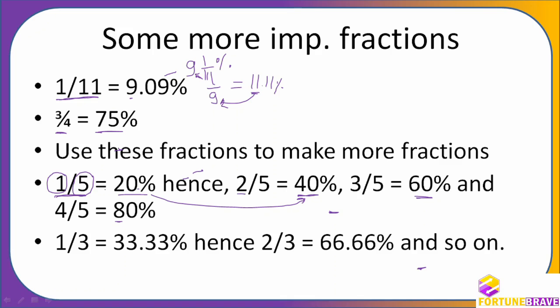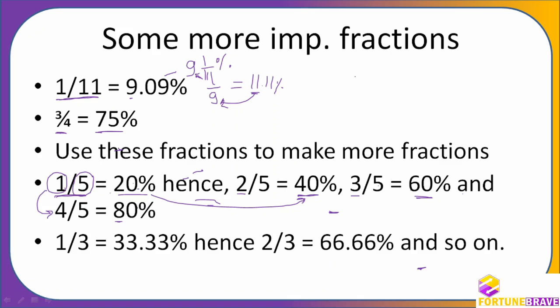And if I make 1 into 3 by 5, then it will be 3 times. If I make 1 into 4, then this will become 4 times 20, which is 80, right?